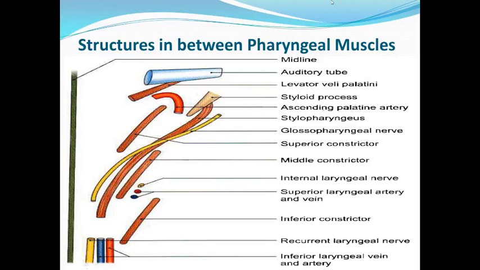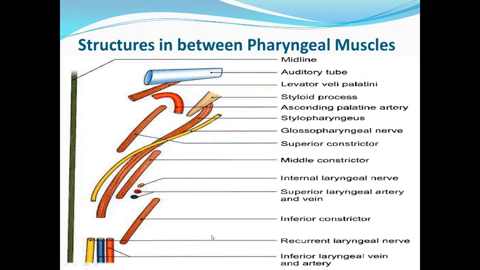Now there are some structures in between these pharyngeal muscles. Basically we will define the structures in between the constrictors. The constrictors are the main and most important muscles of the pharynx.